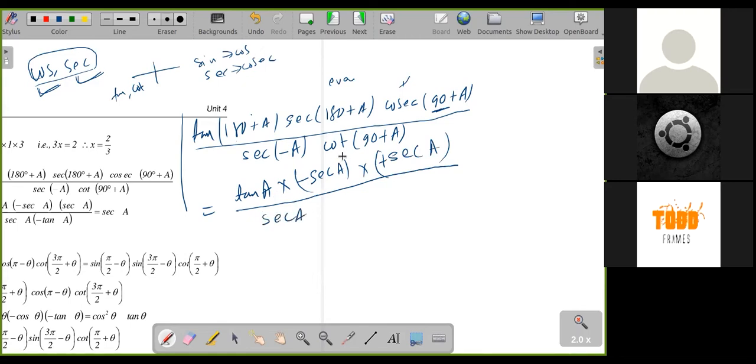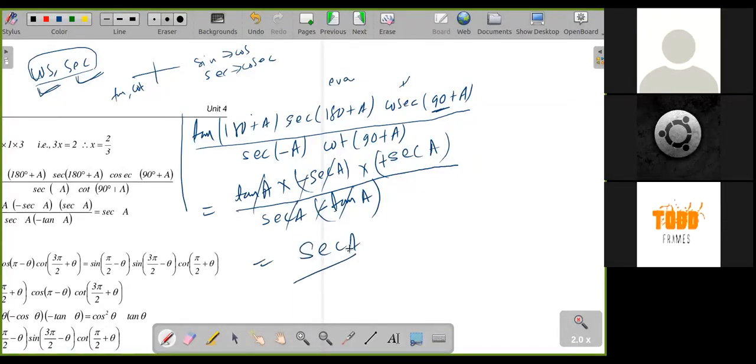Cot(90 plus a): 90 multiple means it will change cot to tan. In the second quadrant, that means a negative sign. Now this tan cancels, sec cancels, minus cancels, and the answer is sec a.